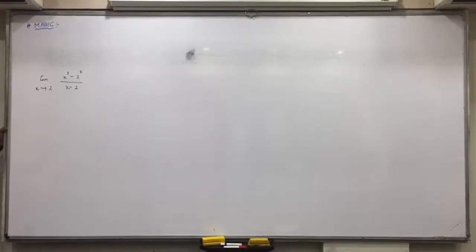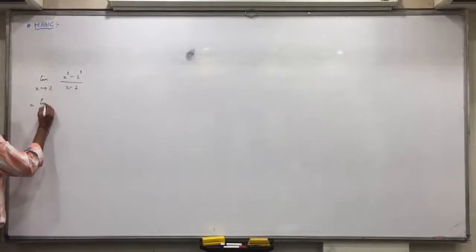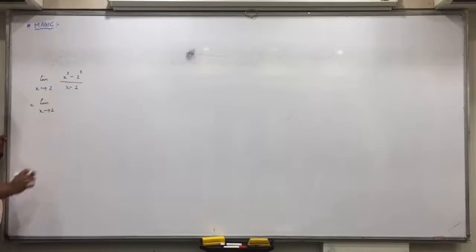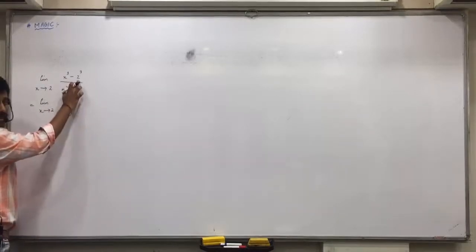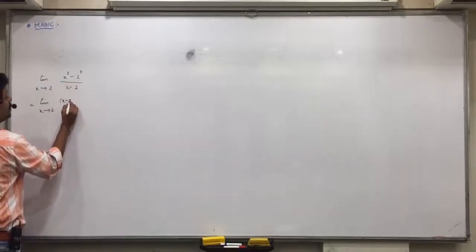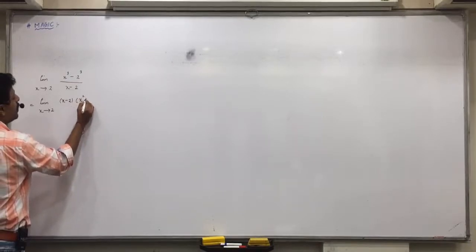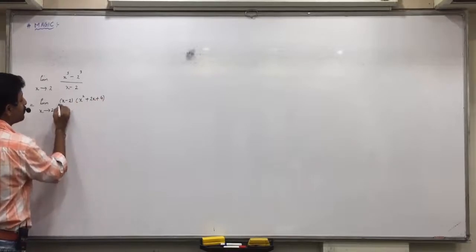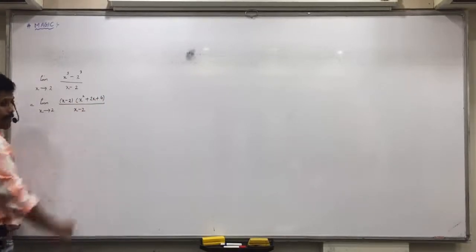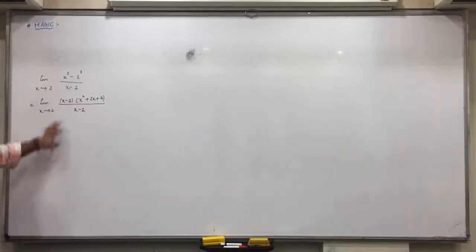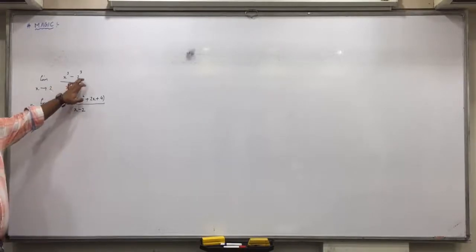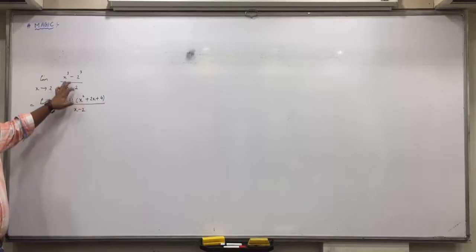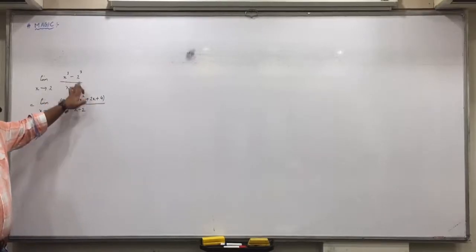So going with the actual formulas, you know that a cube minus b cube equals a minus b into a square plus ab plus b square.